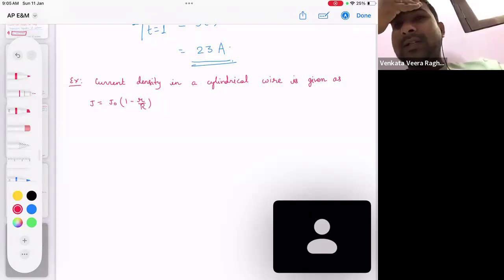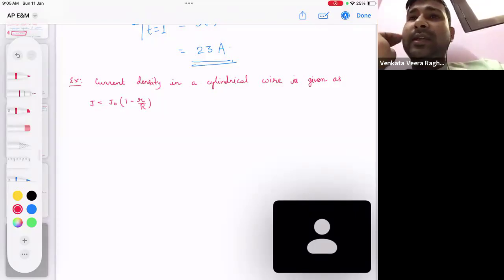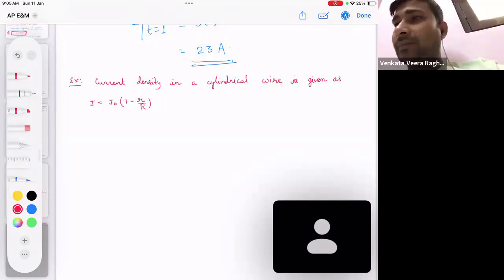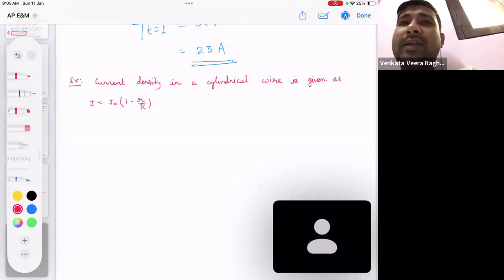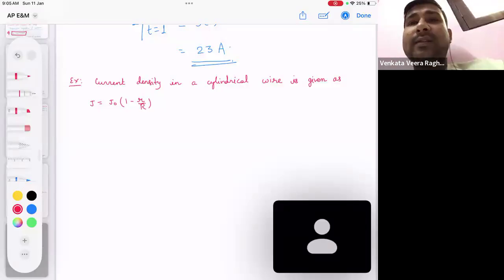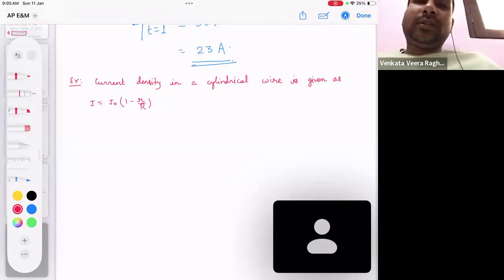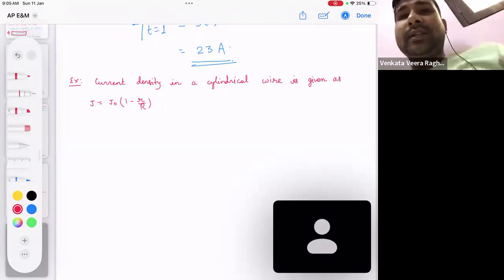Look at this question and tell me, is it a uniform current density or variable current density? Check it. J equal to J naught into 1 minus small r by capital R. So you see that as the distance from the axis changes, the current density also changes. So this is an example of the variable current density.